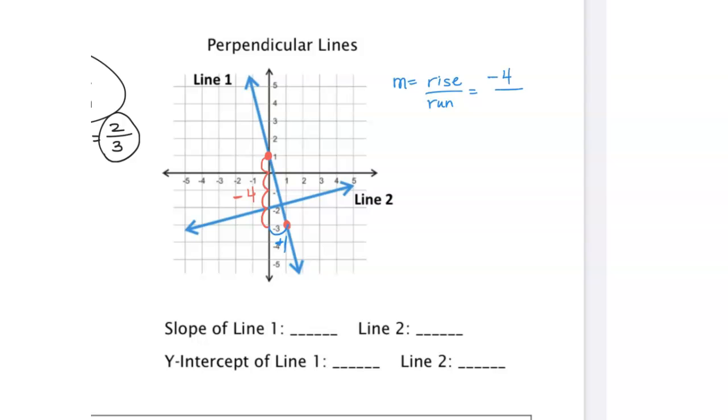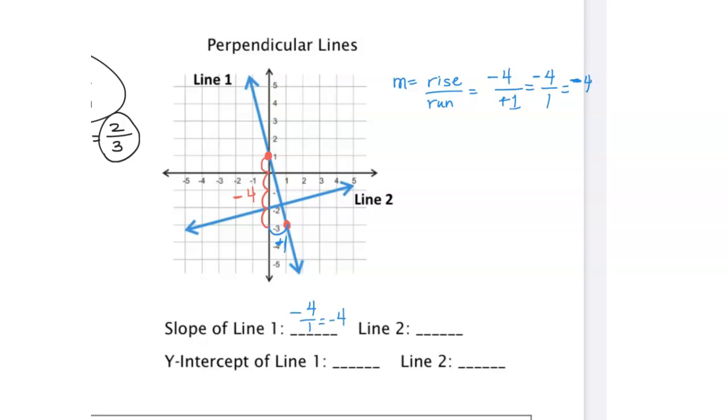And then our run was a +1. So a -4 over a +1 simply turns into -4 over 1. Or you can say that this is simply -4. So -4 over 1 is our slope for our first line, which is equal to -4.